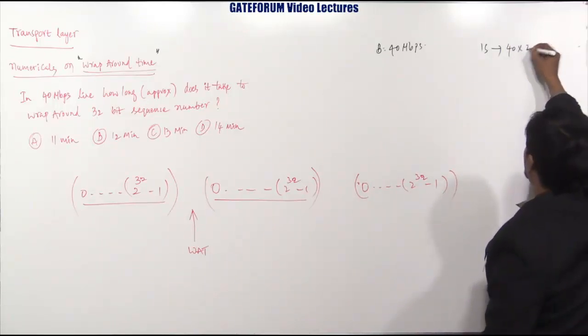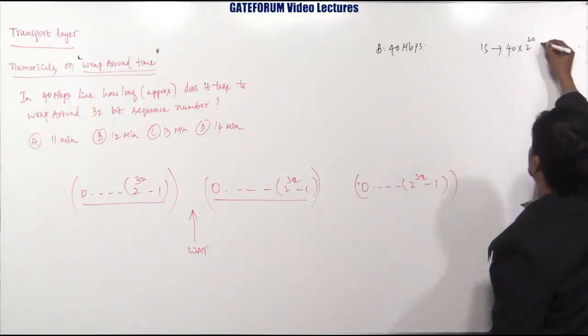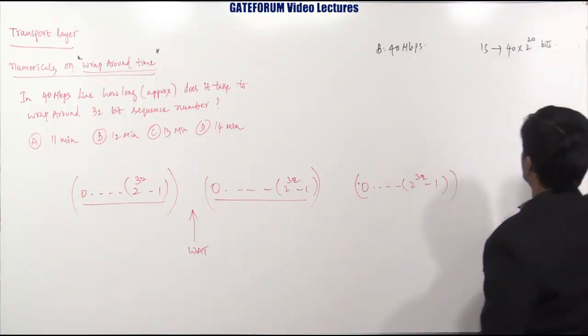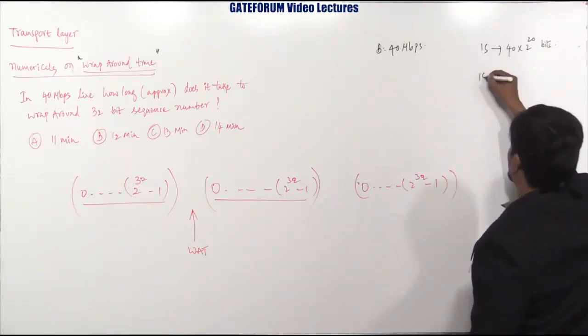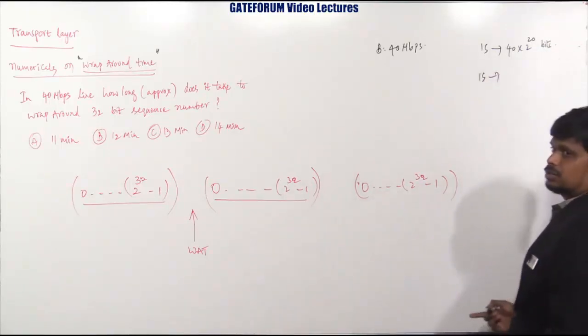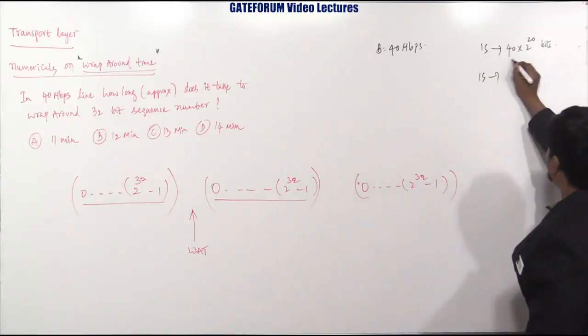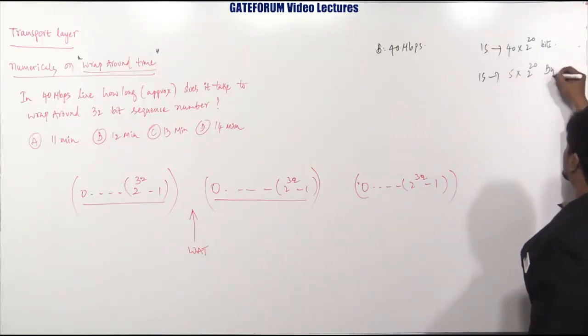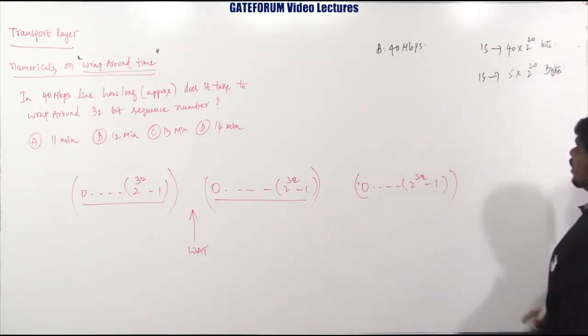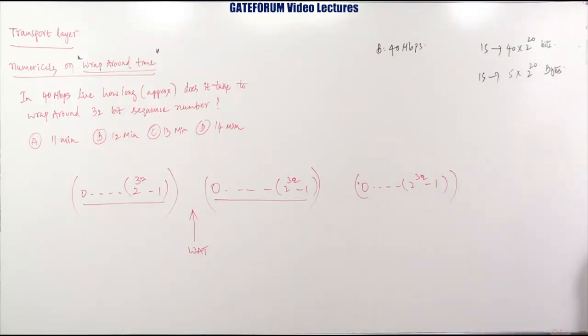So within 1 second, 40 into 2 power 20 bits we are able to generate. Then I am converting these bits into bytes, simply dividing by 8, so that I get 5. So 5 into 2 power 20 bytes of data we can generate within 1 second.